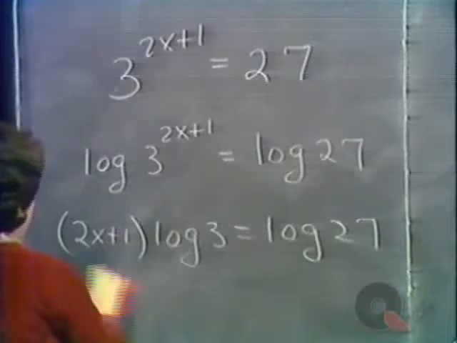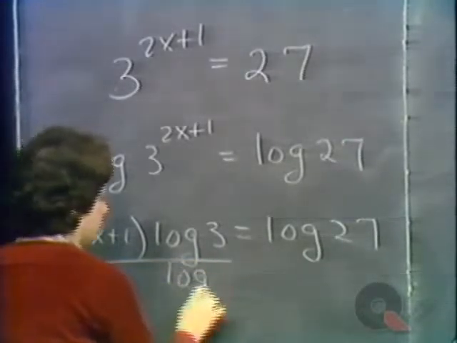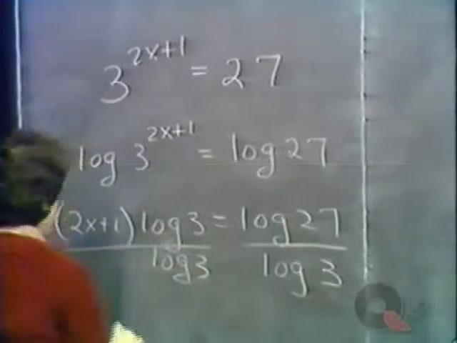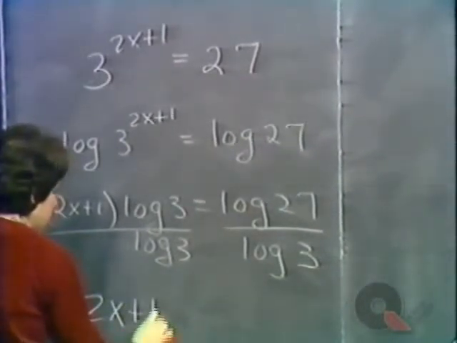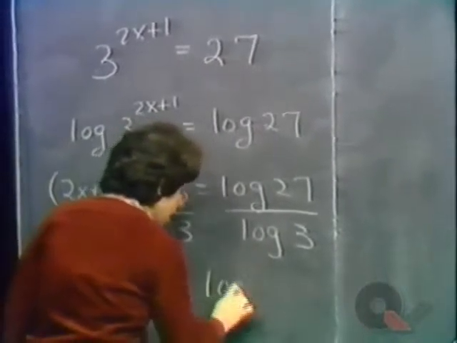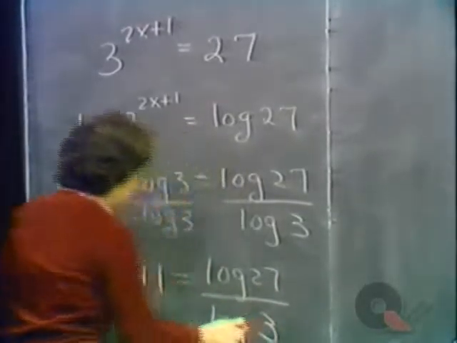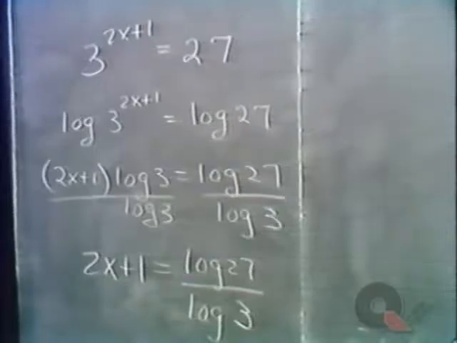And I can divide both sides by log 3, giving me 2x plus 1 is equal to the log of 27 divided by the log of 3. These are all logs to the base 10.